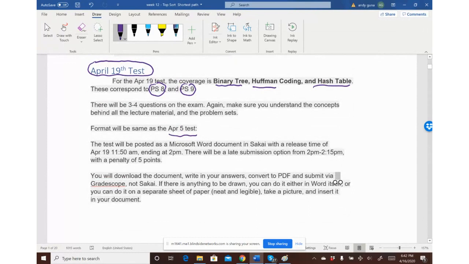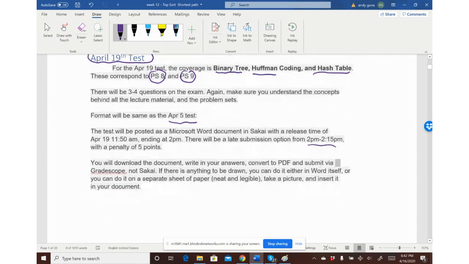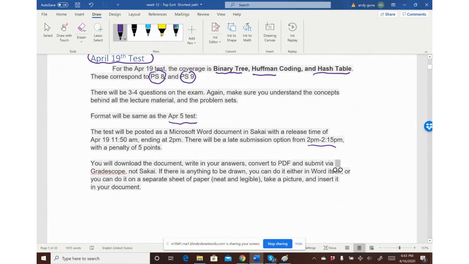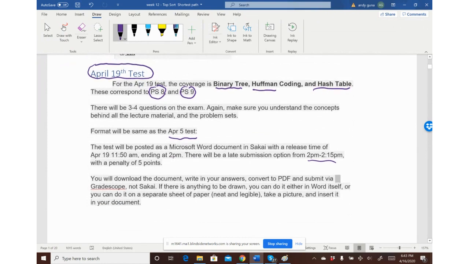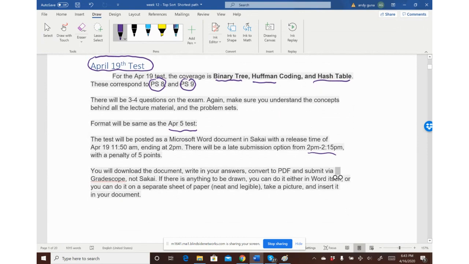There's also a late submission period from 2 to 2:15, so just follow the same rules as with the previous test. I hope you will study these things over the weekend and be prepared for that test.